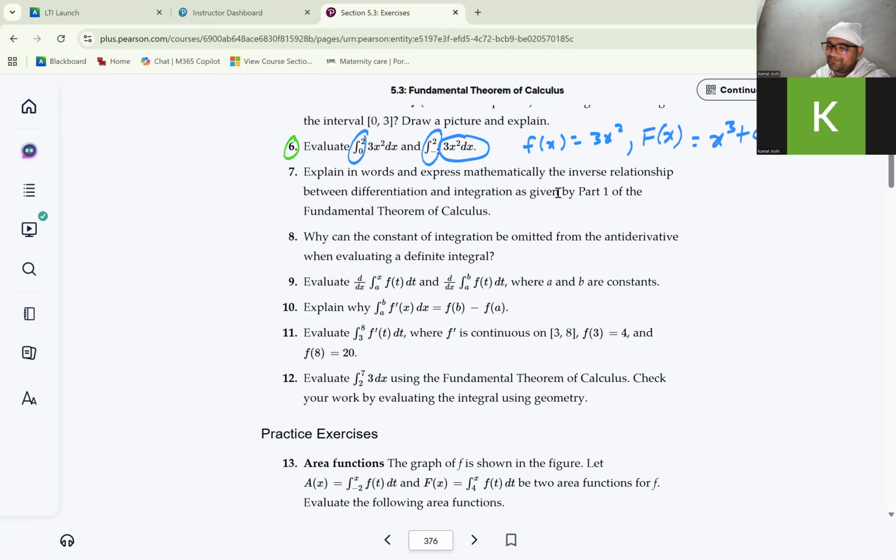Therefore, if you integrate that function from 0 to 2, you will get F of 2 minus F of 0. That's the fundamental theorem of calculus, used to evaluate the definite integral. Looking at x cubed plus c, that is 2 cubed minus 0 cubed. Plus c and minus c will cancel, the constants cancel, and we get 8.